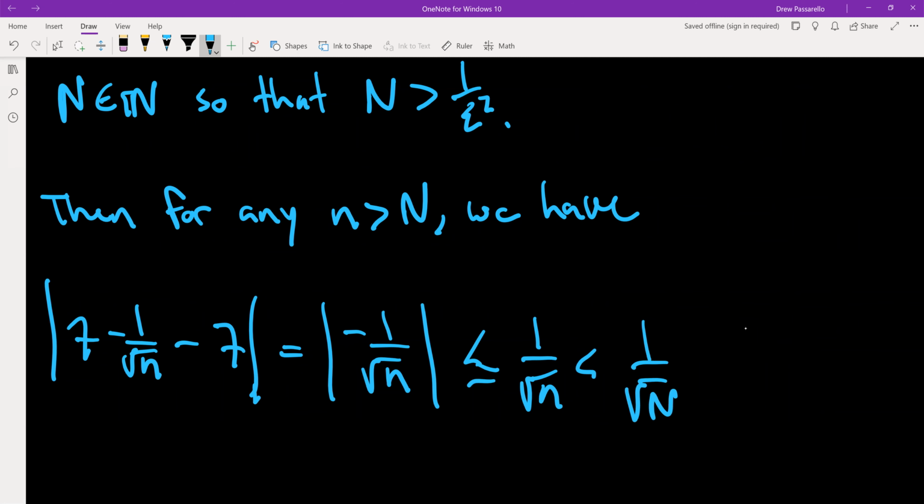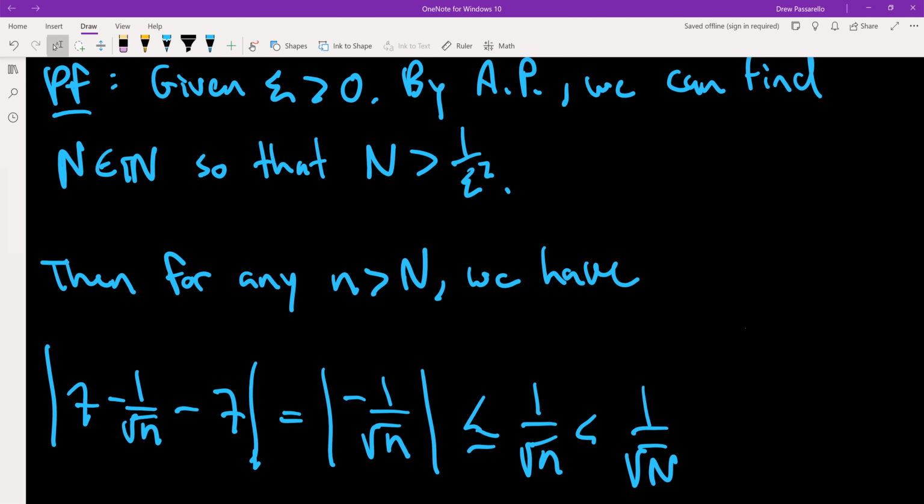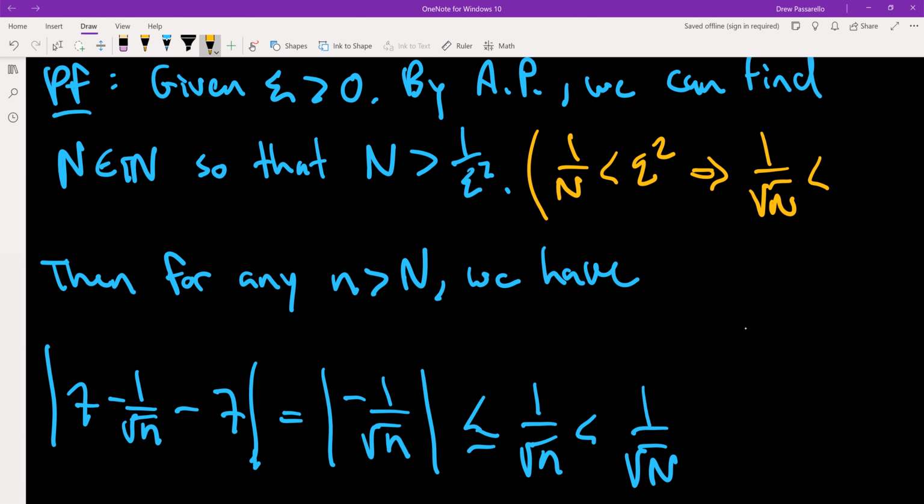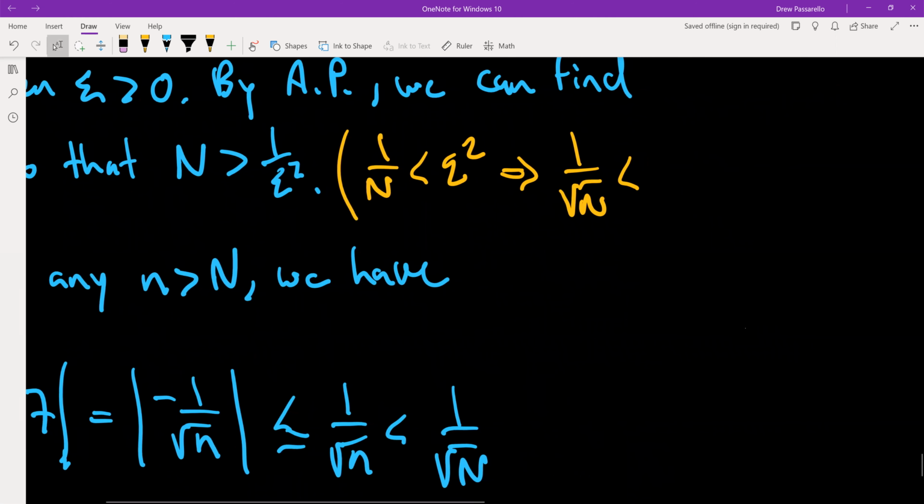And then since we know capital N is bigger than 1 over epsilon squared, then we know 1 over capital N is less than epsilon squared. And since that's true, then taking the square root of both sides, 1 over the square root of capital N is less than the square root of epsilon squared, which is equal to epsilon.